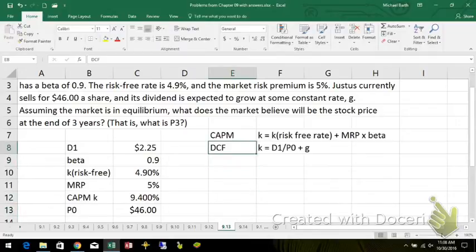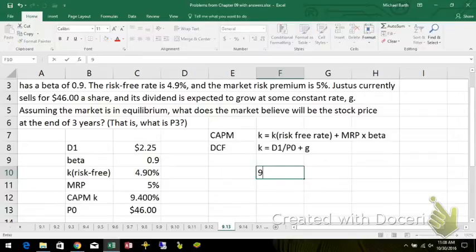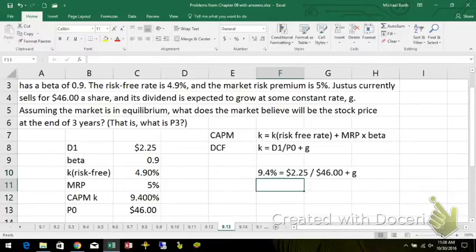So I could plug these numbers into the DCF model. If 9.4% is K, and I take the dividend of $2.25 divided by the current price of 46 plus the long-term growth rate.